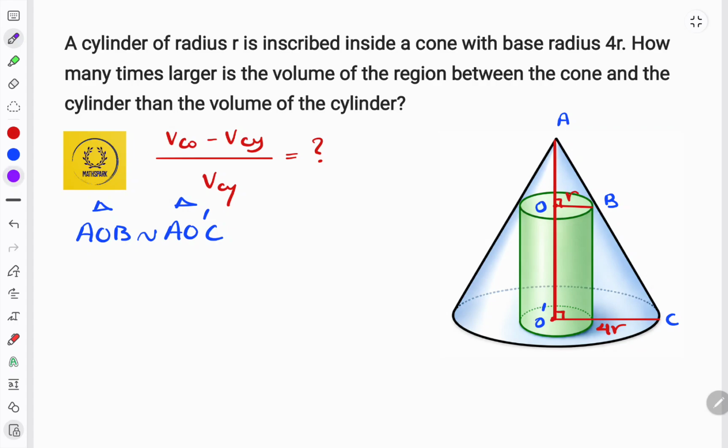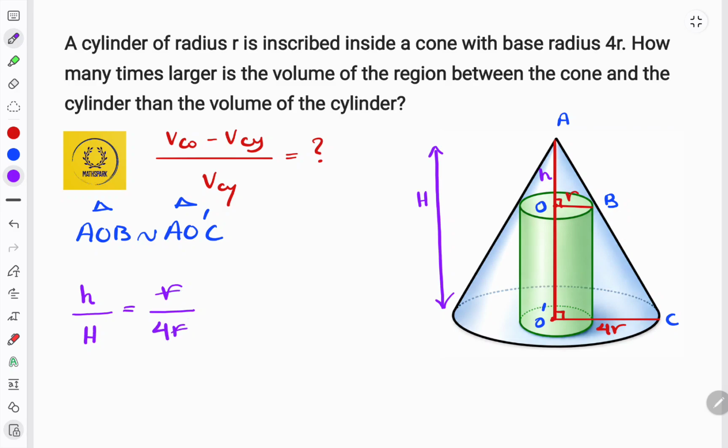Before that, I'm going to call the height of this small triangle small h and the height of the large triangle, which is here, big H. Now the ratio of corresponding sides: the first one is AO, which is h, over the corresponding side, the height of the large triangle, big H. And then this leg is OB, which is r, over the corresponding side O prime C, which is 4r.